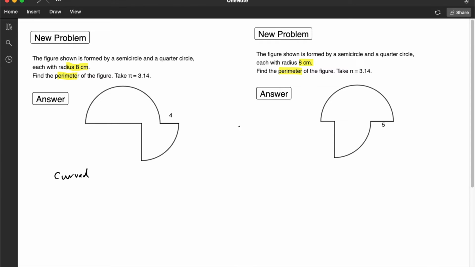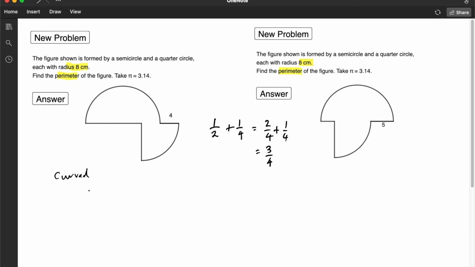So for the curve part, we have a semicircle, which is half of a full circle, and we have this quarter circle, which is 1/4 of a full circle. So this is actually equal to 2/4 plus 1/4. In other words, it is 3/4.